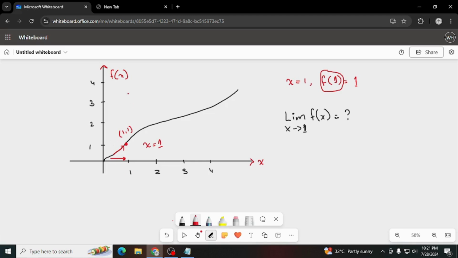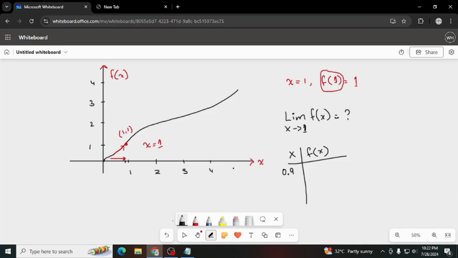Okay, so we've got a function f of x. We don't know the equation of f of x, but we're going to assume that after we put some values, these are the x values and these are the f of x values. I am going to consider a value 0.9. That's a value smaller than 1, and that lies somewhere right here.